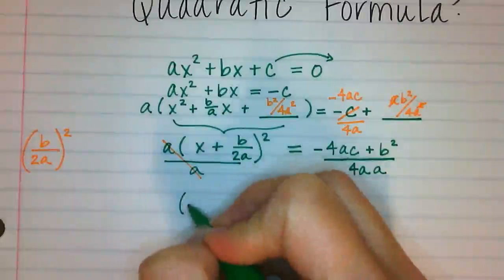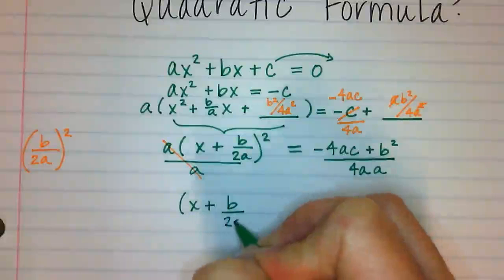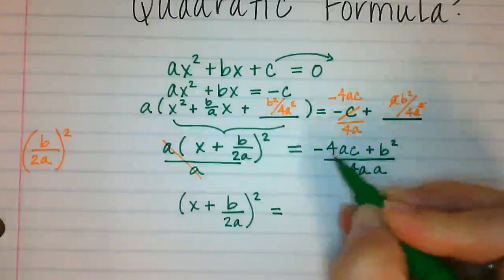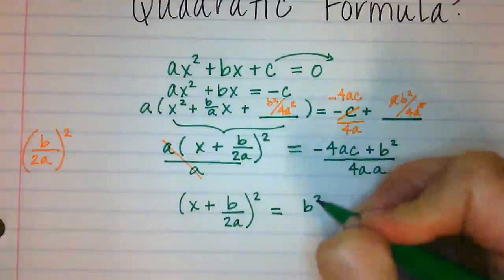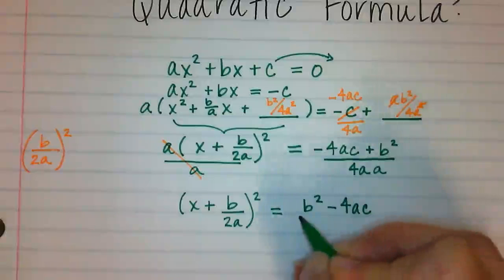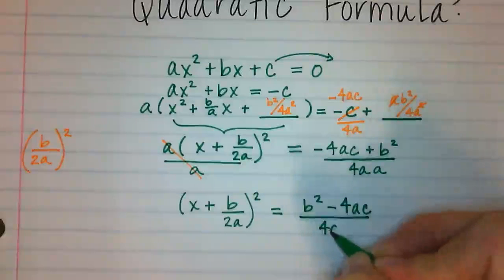So now we have x plus b over 2a squared equals, and just so that I'm not starting with a negative, I'm going to rewrite this as b squared minus 4ac, and that is over 4a squared.